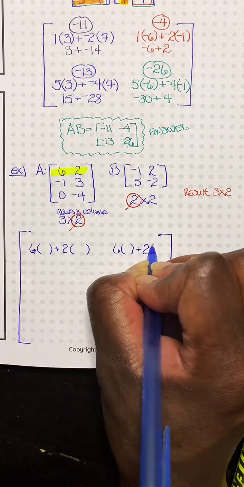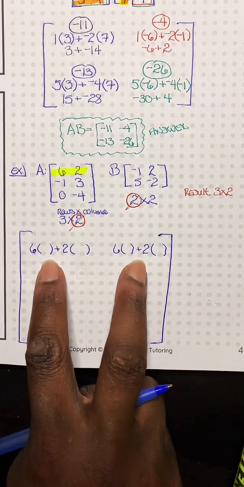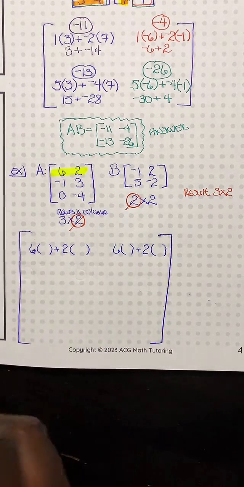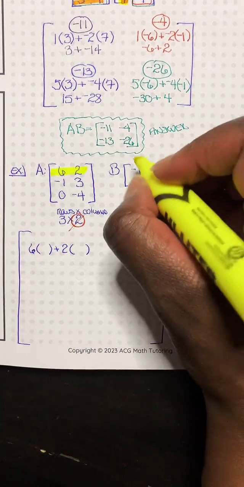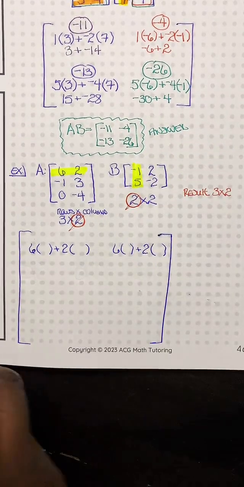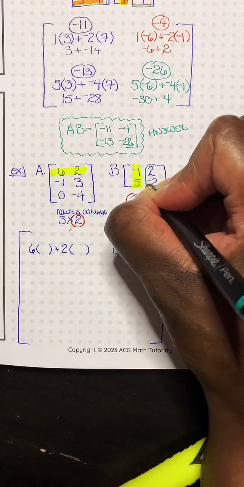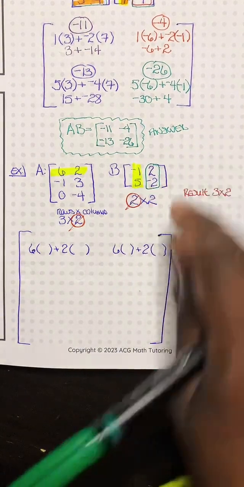What goes inside of these parentheses is the first column for one, and then the second column for the other.